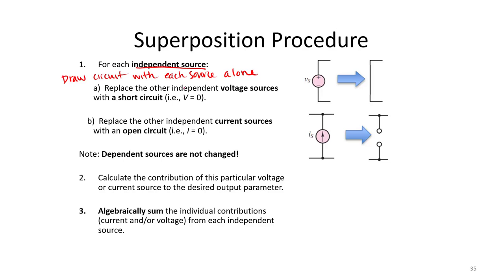So what you do is you turn off all the other independent voltage sources by replacing the voltage source with a short. So remember, a short has 0 volts. It's the same as a plain wire.